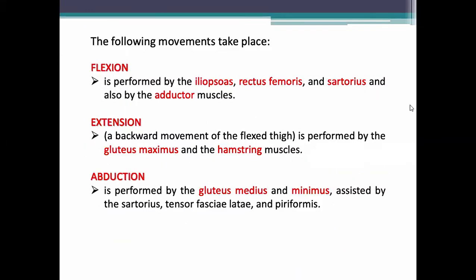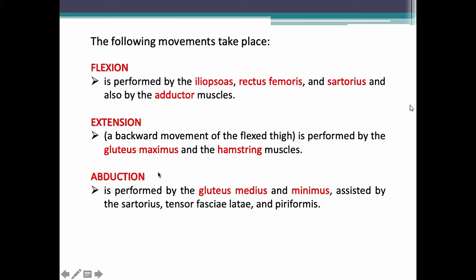These are the muscles responsible for the movement. Flexion is performed by the iliopsoas, the rectus femoris, and sartorius, and also by the adductor muscles, while extension is performed by the gluteus maximus and the hamstring muscles.